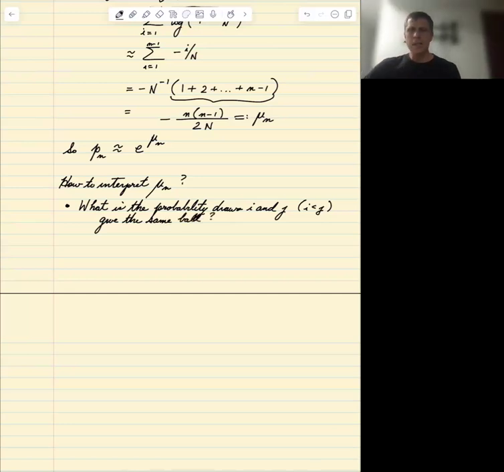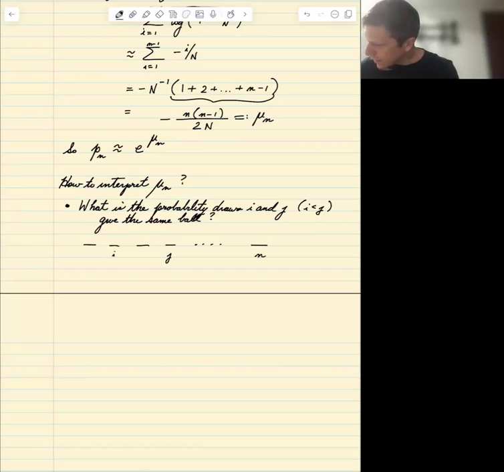Okay, so this is pretty easy. What's the probability that two draws give the same ball? Let's think about it. There are little n spots, and we're worried about, let's say, i and j.